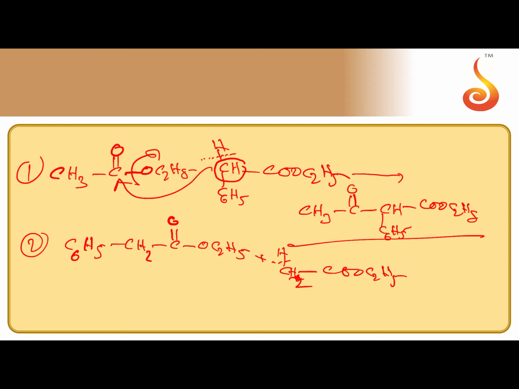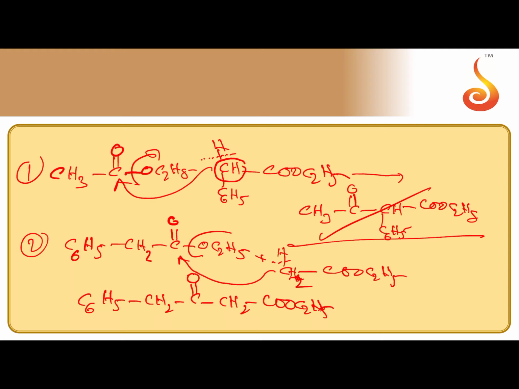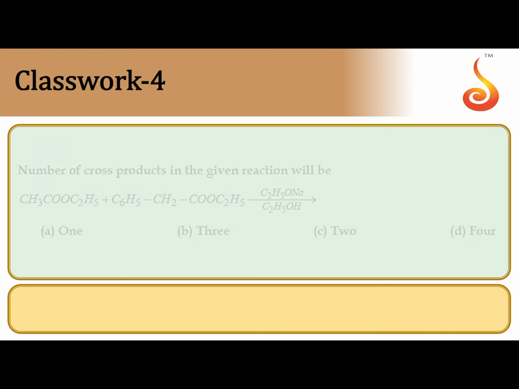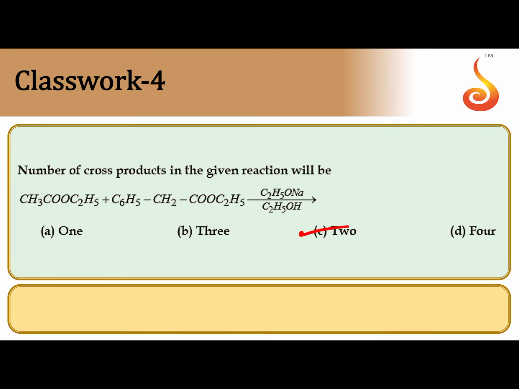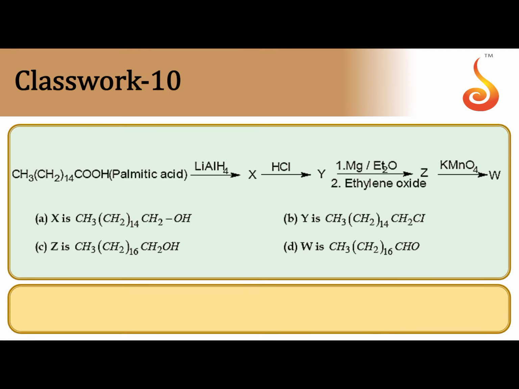So at this time again alpha carbon attacks at this, then the product obtained is C6H5CH2COCH2COOC2H5. So like this, two cross products we can get. C is the correct answer.